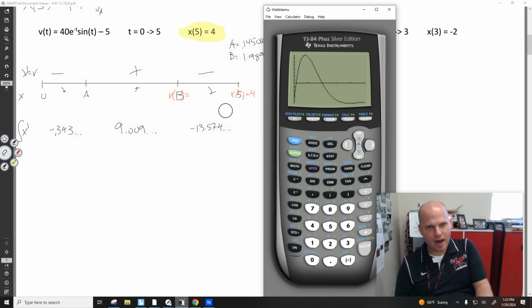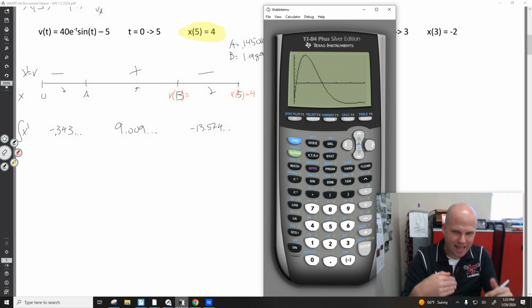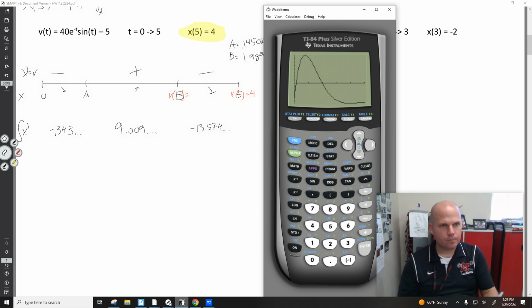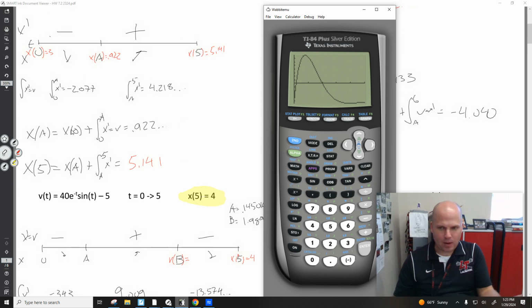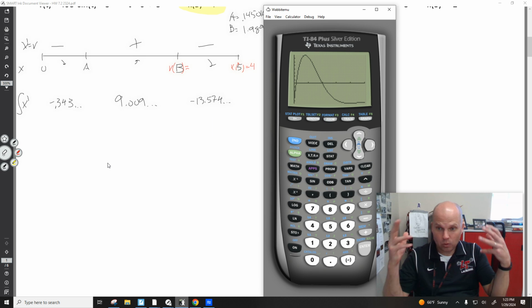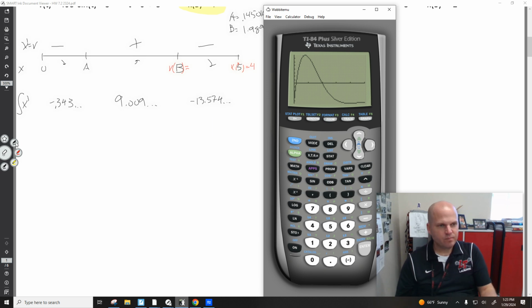How can I go opposite? I want to add that 13. Or, since we're going backwards, instead of adding my positive and negative displacements, we'll do the opposite. We'll subtract. Two ways. You can either say, oh, my unknown future position equals my known position plus my displacement.